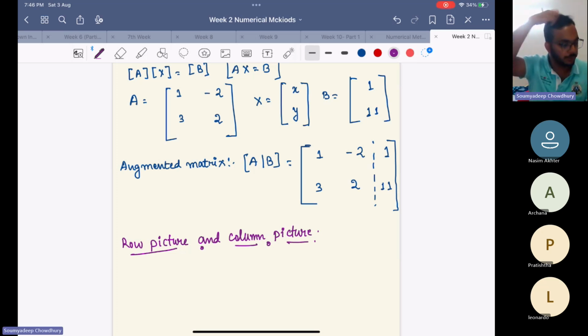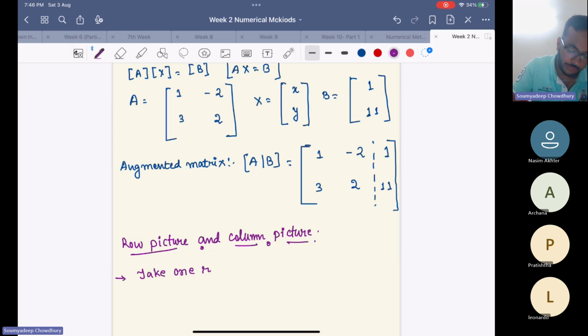Row picture and column picture. In the row picture, we take one row of the coefficient matrix. This A is called the coefficient matrix, X is called the unknown matrix, and B is called the RHS, or the right hand side matrix.